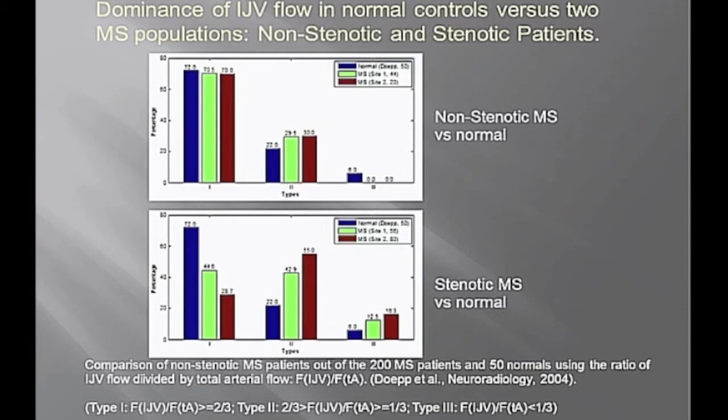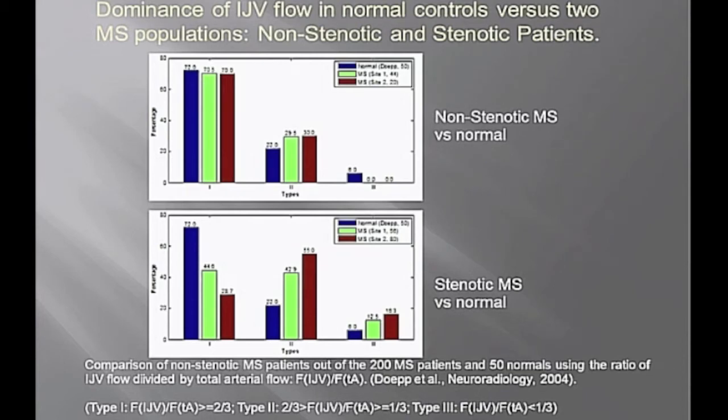Okay, and here you can see that from one site it's 80 out of 100 and the other site 56 out of 100. And now you can see a clear drop from type 1 from 72 to 44 to 28. So in this large distribution of MS patients, you can see that they have clearly abnormally low flow in the internal jugular veins.